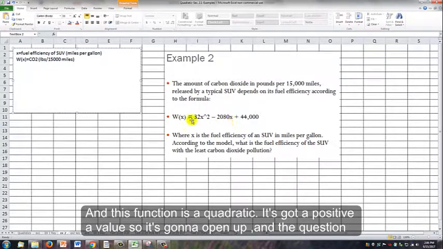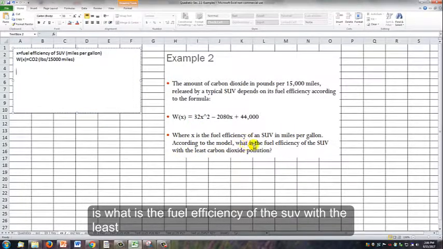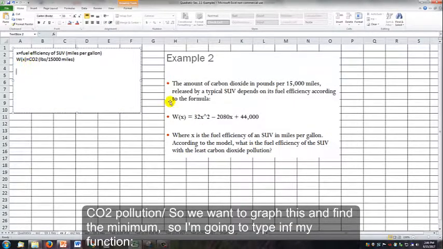And this function is a quadratic. It's got a positive a value, so it's going to open up. And the question is, what is the fuel efficiency of the SUV with the least CO2 pollution? So we want to graph this and find the minimum.